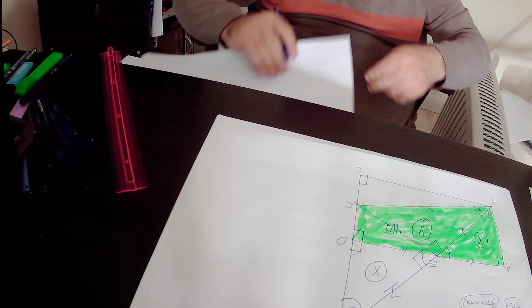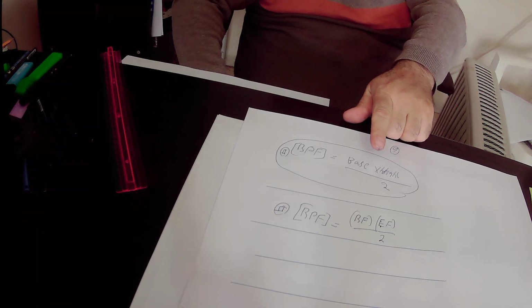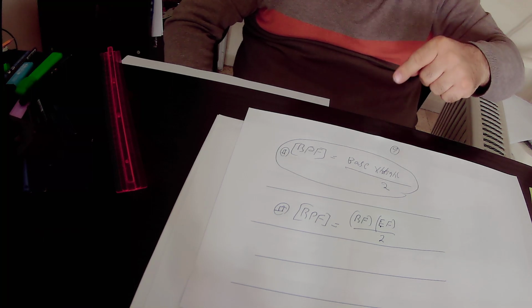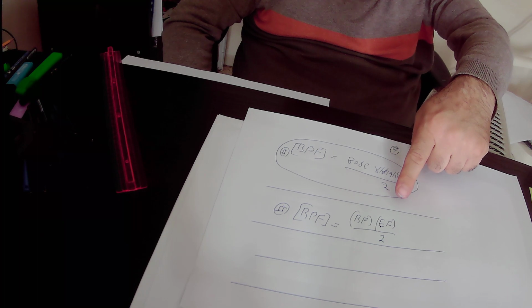So we found out that the area of the isosceles triangle BPF equals the base that is actually BF times the height to the base that is EF over 2.